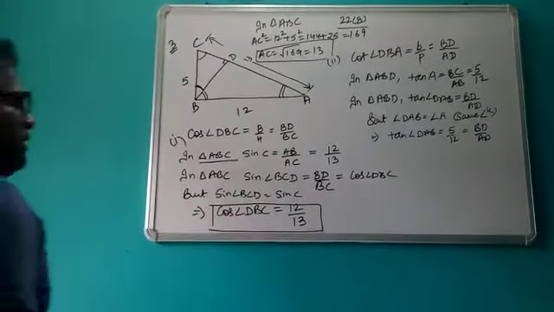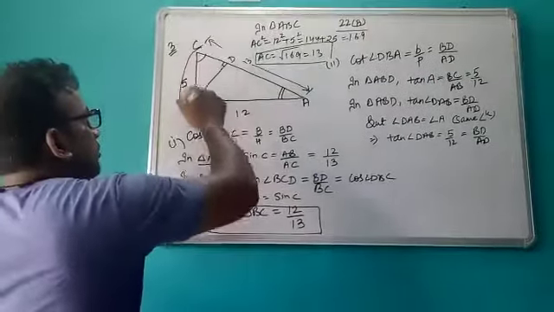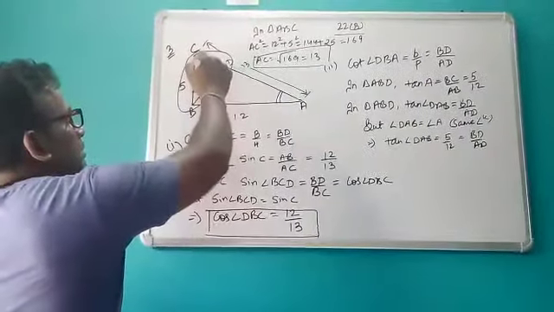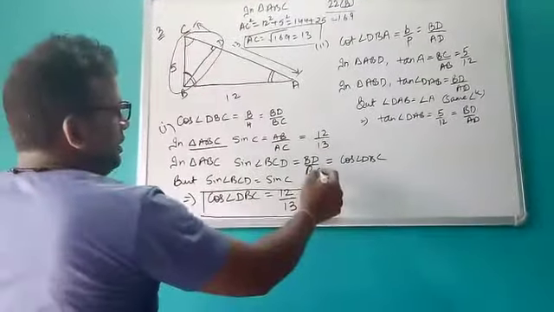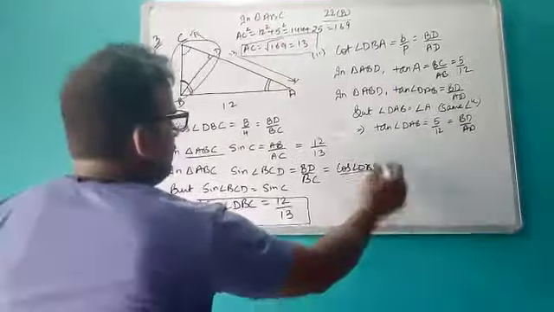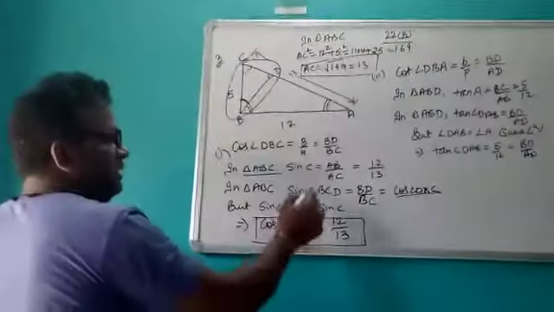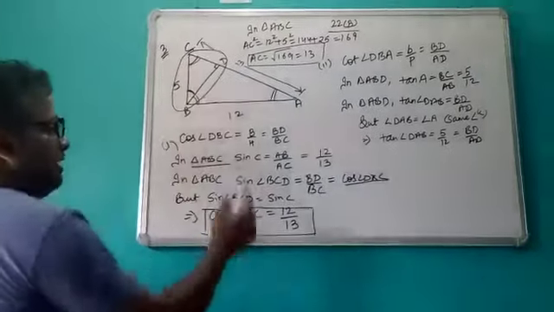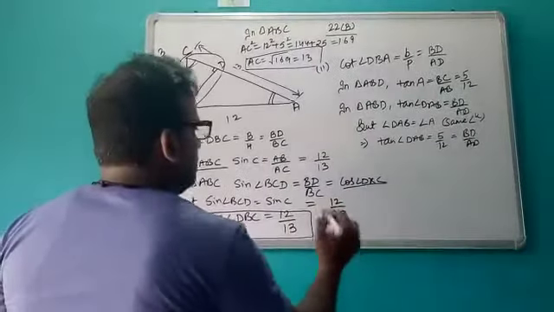Now if you see very carefully, the same angle in this small triangle, sine of this will be BD upon BC, and that was actually equal to our cos angle DBC. Since these are the same angle, their values should be equal to each other, that is 12 upon 13.